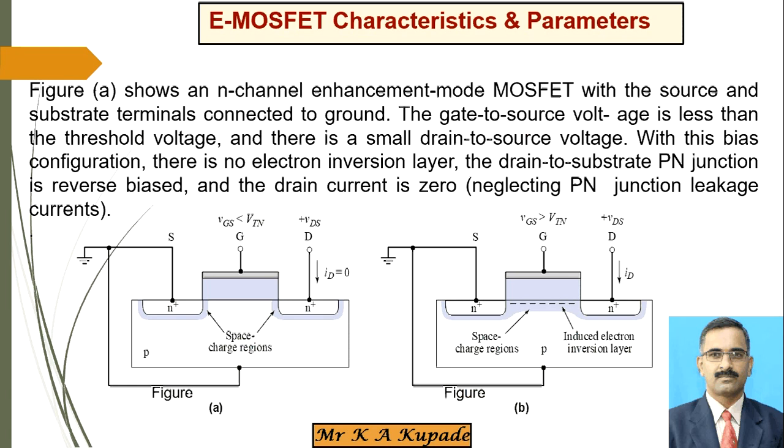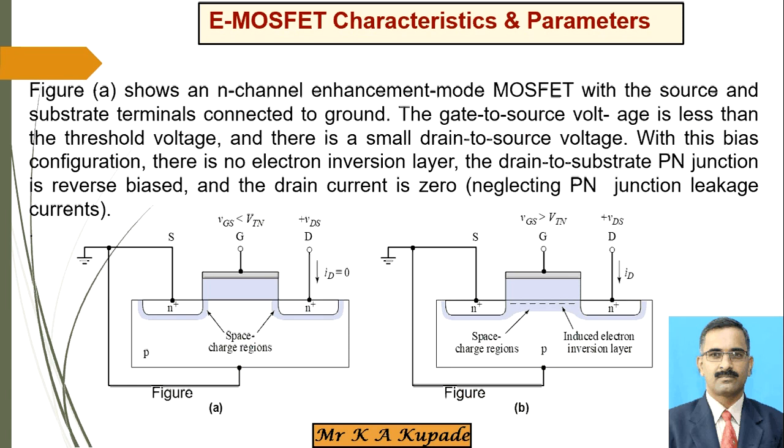And the space in between the source and drain is called the channel. Okay, and that is also called the space region. That channel is also called a space region, right? Now see the N channel MOSFET mode, it is shown in the figure with the source and substrate terminal connected to the ground.